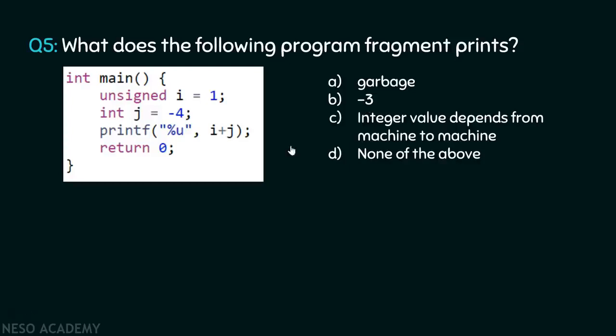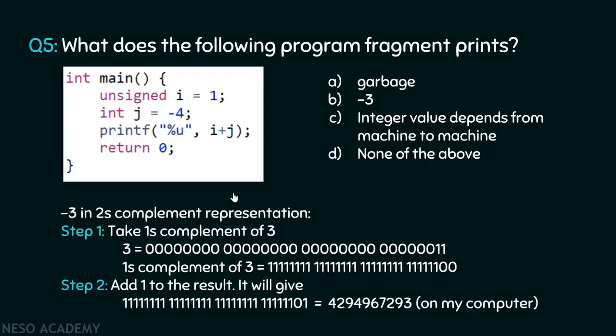But before that, we must know what the internal representation of -3 in the computer would be. Internally, -3 is represented in 2's complement form. Here I have written certain steps to show how we can represent -3 internally. You first have to take the 1's complement of 3.